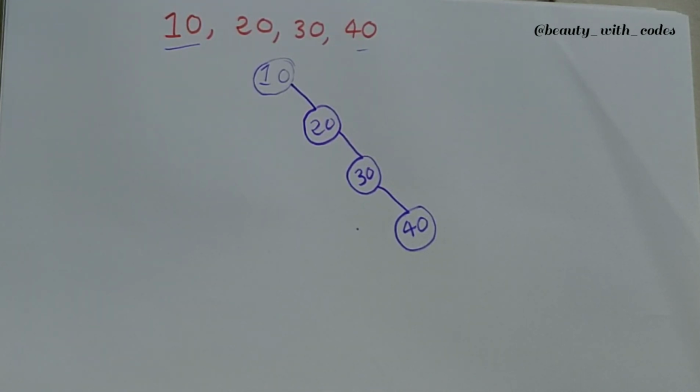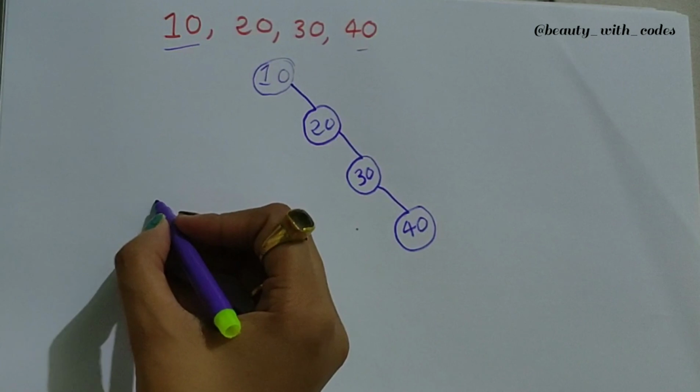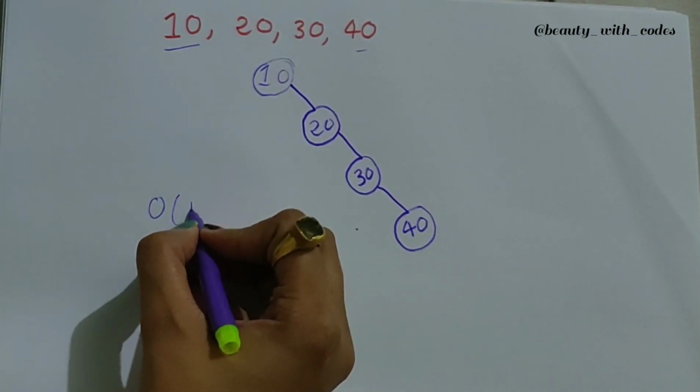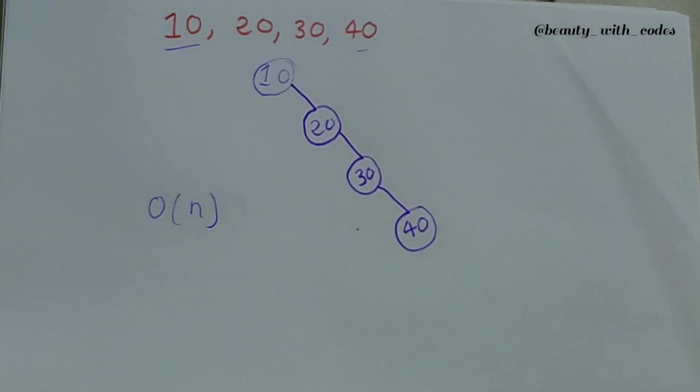So what have you done? You traversed through all the elements of this tree, isn't it? So yes, you have to traverse through all the elements, and hence the time complexity is nothing but order of n. So this was the problem. So the time complexity is order of n.